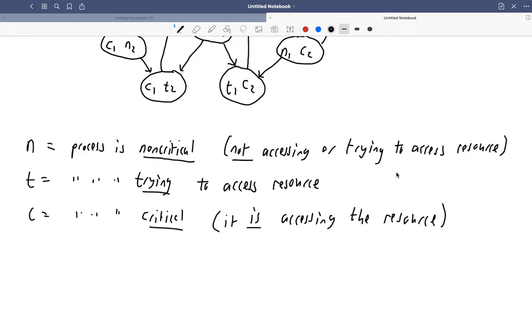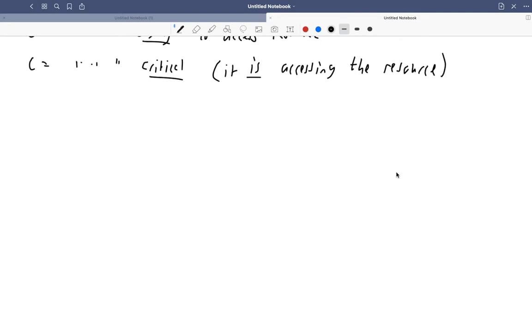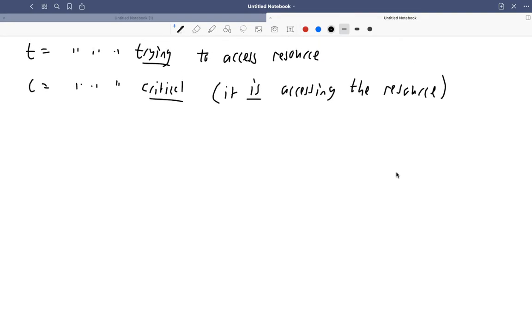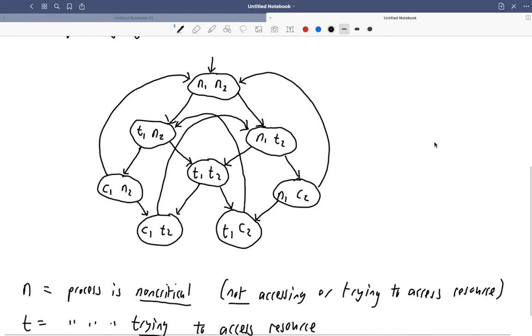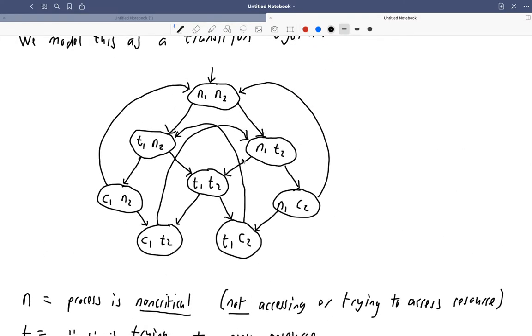So what LTL is going to allow us to do is, when we've got a model like this, to state properties that may or may not hold of the model.